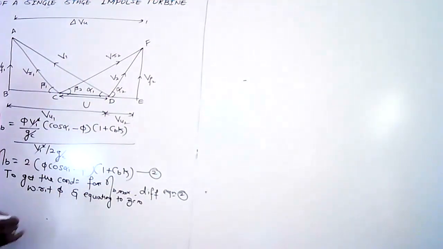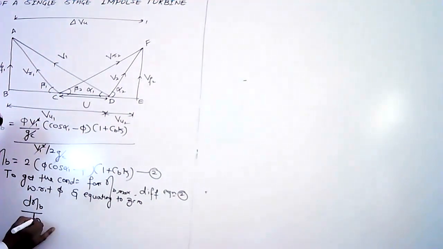Okay. So that is the differentiation of blade efficiency with respect to phi equal to 0.